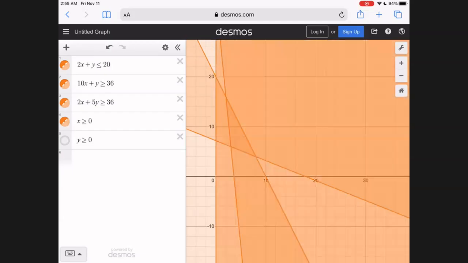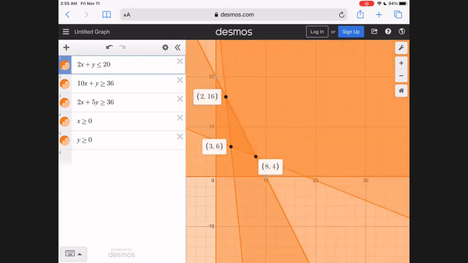So I can see now that my shaded area will be within this triangle here. So let's take a picture so I can record those numbers.